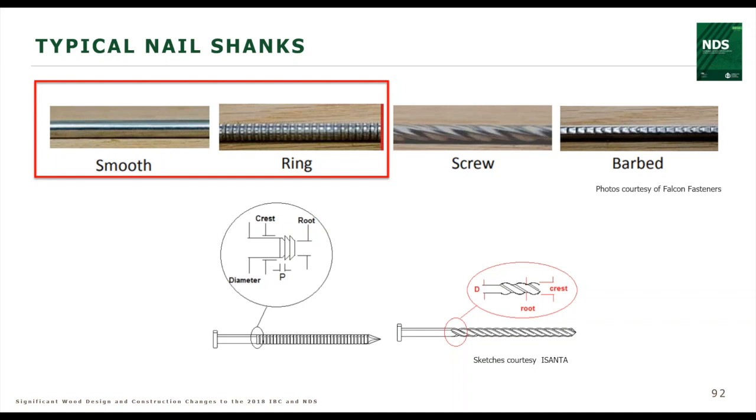And the other types of nail shanks you might see out there, such as a screw shank, sometimes known as the twist shank, or the barbed shank, those would be outside of the NDS provisions, so you'd need to get design information for those somewhere else.